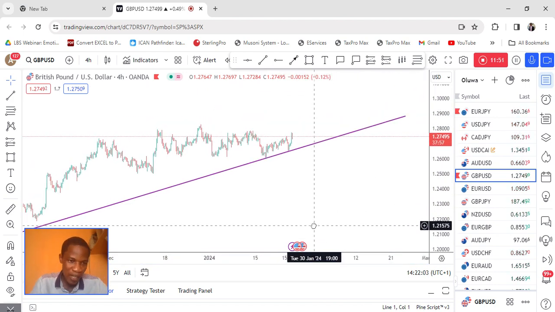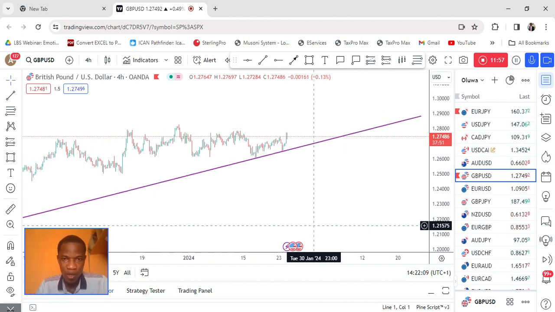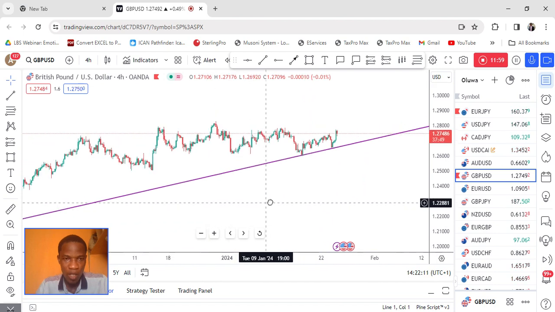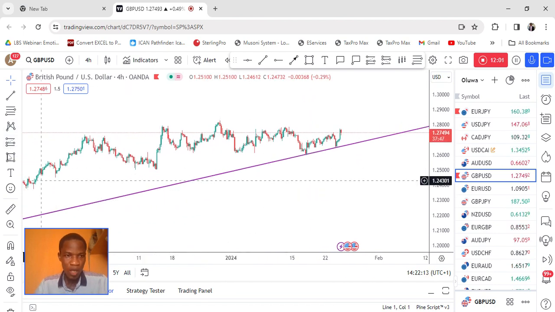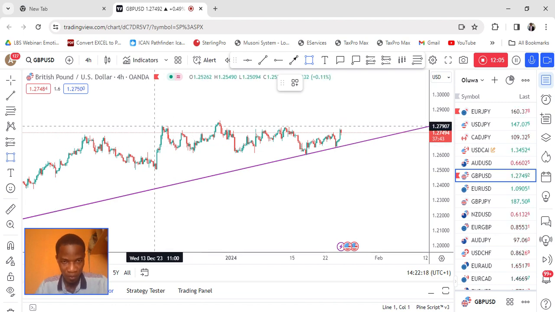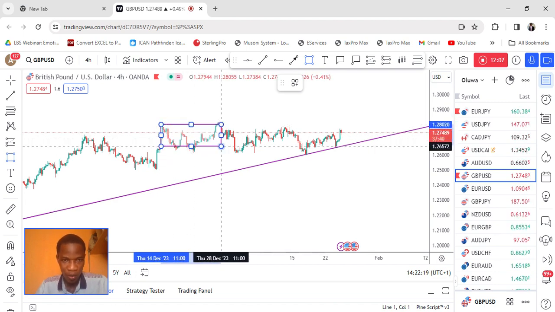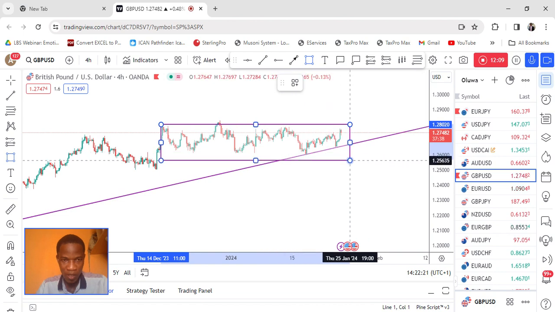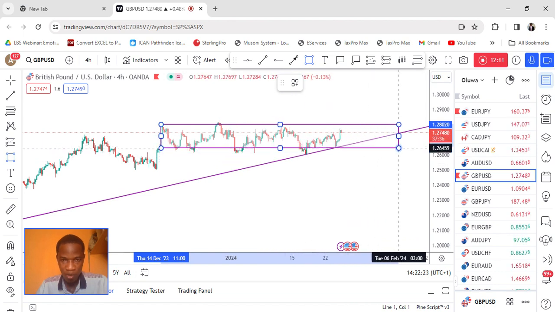So where exactly are we expecting a breakout? Let's draw our rectangular shape to see where we should likely be expecting a breakout.